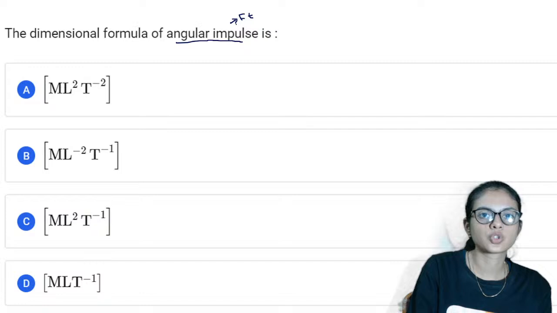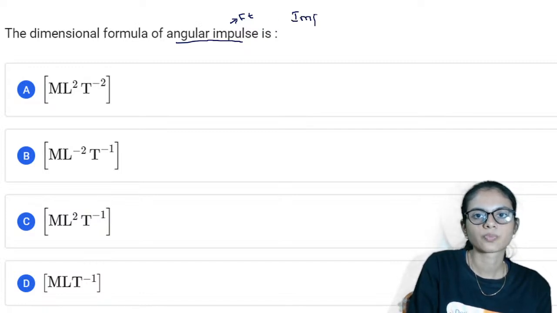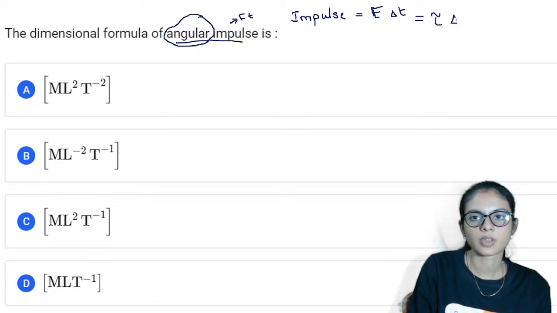So see, first you should know what impulse is. Impulse is nothing but a large amount of force in a short interval of time. But here they have given angular impulse. So instead of force, we will be considering tau, that is torque. And what is torque?